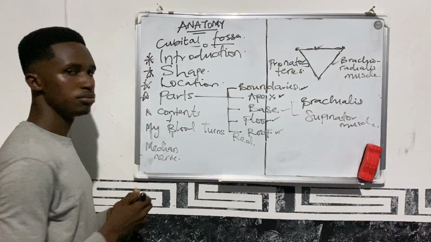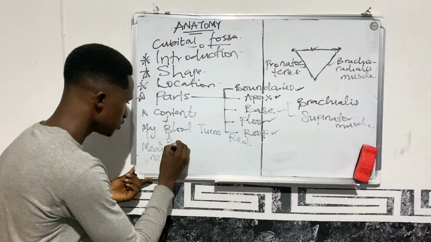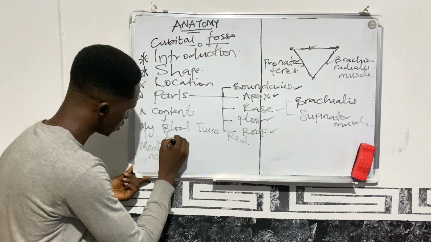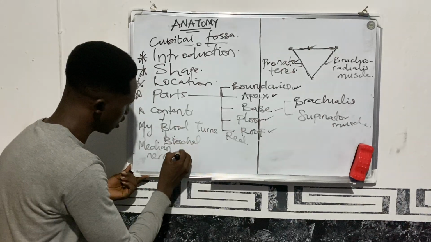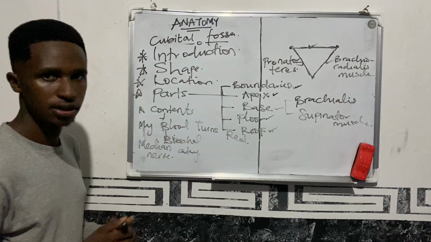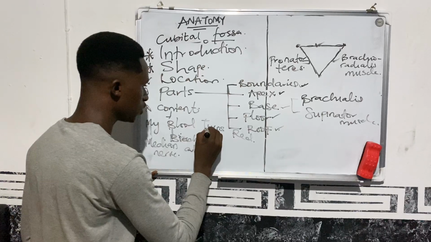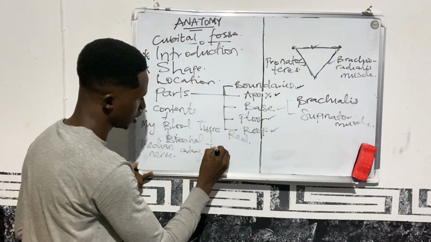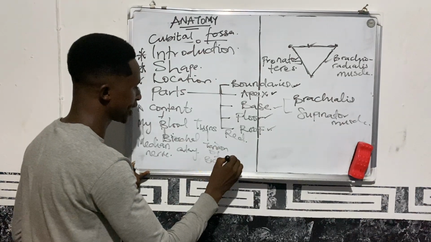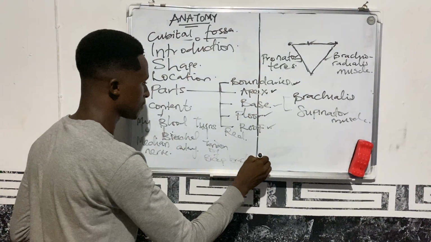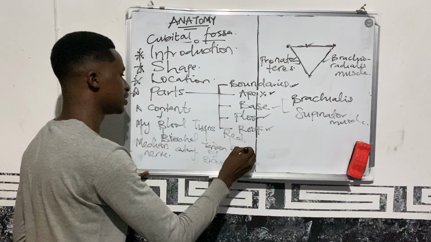Blood here means brachial artery. Turns here means tendon of biceps brachii. Red here means radial nerve.